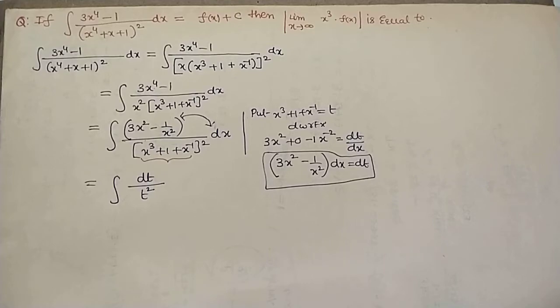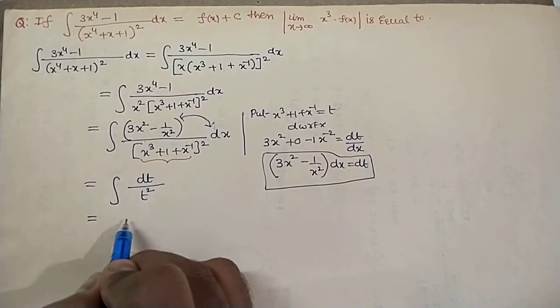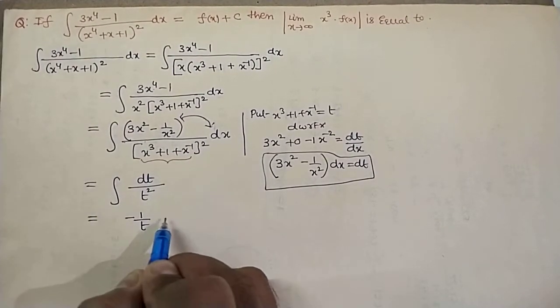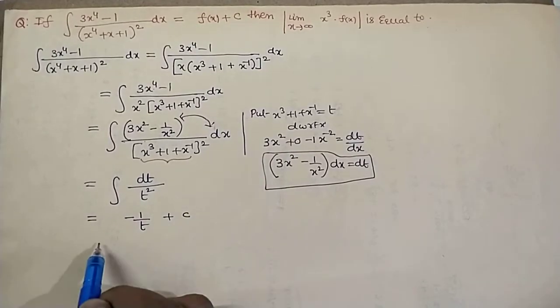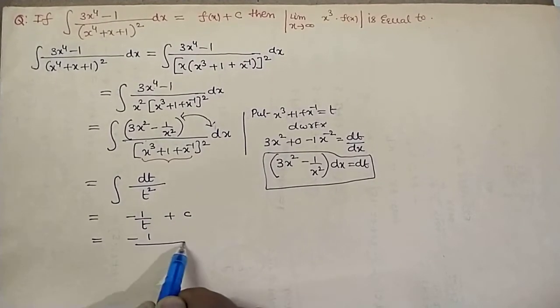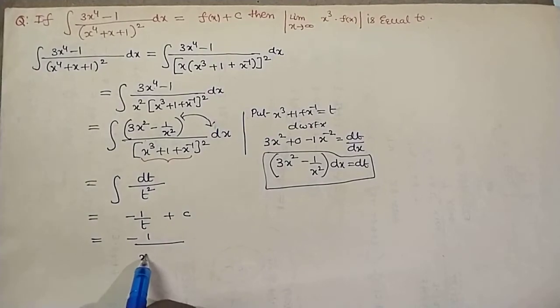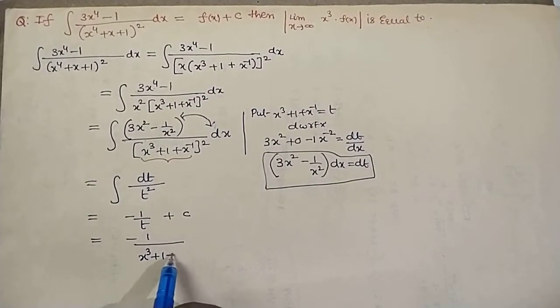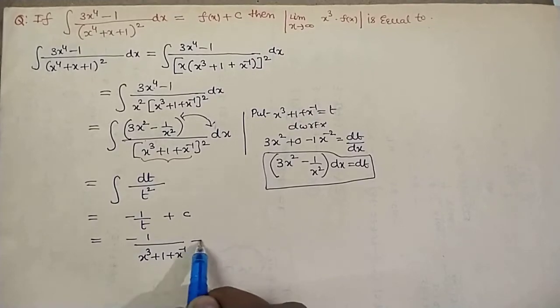Because d by dx of 1 by x is minus 1 by x square. So integral 1 by x square is minus 1 by x. So which is equal to minus 1 by t plus c, which is equal to minus 1 by, in place of t, x power 3 plus 1 plus x minus x power minus 1, plus c.